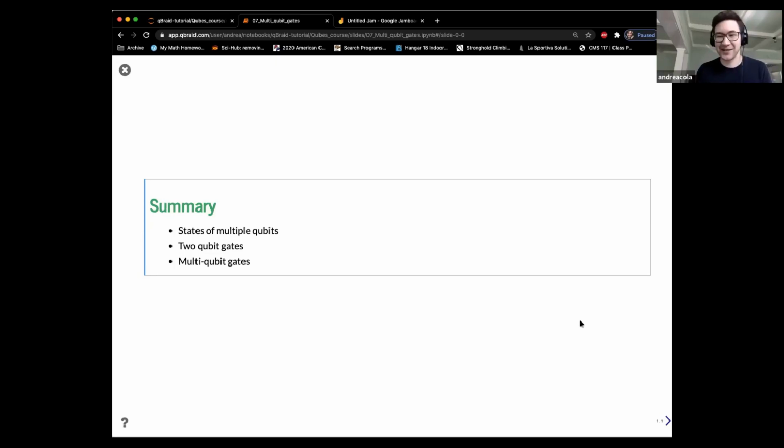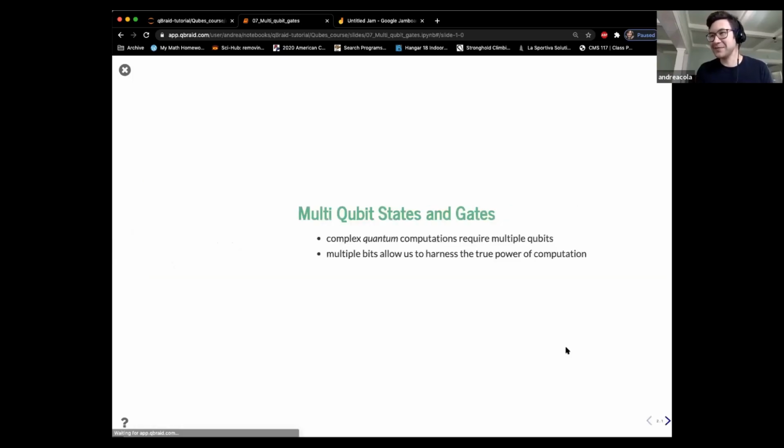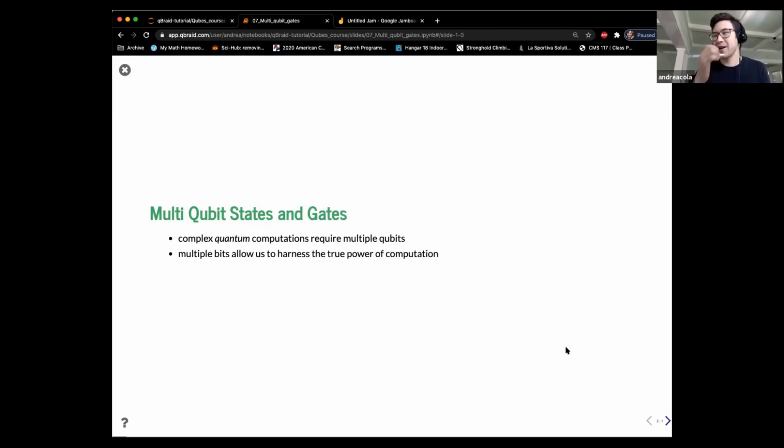Okay, the general case of n qubits. As I said, we really need multiple qubits to harness the power of quantum computations.